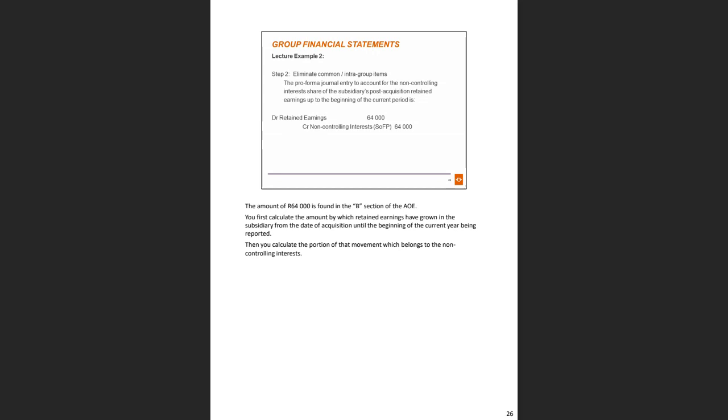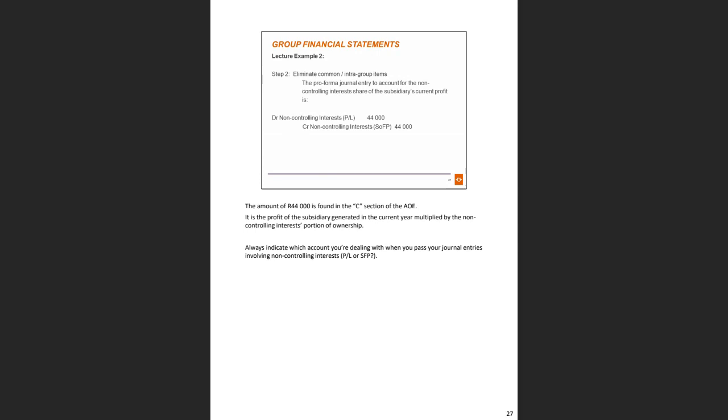Because it's profits from the prior period, it is debit retained earnings. You're not debiting your current year profit. It is debit retained earnings because it is profit that was accumulated in retained earnings from a prior period. So it's debit retained earnings, credit NCI. Okay, let's have a look at the next slide.